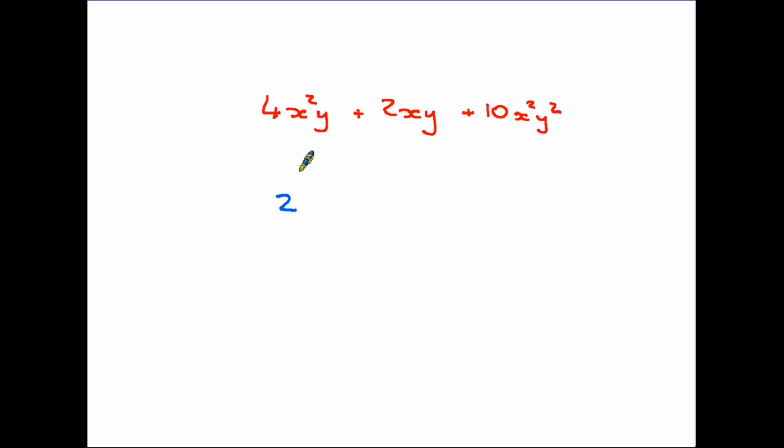We now look at the letters, and the first of the letters is an X. First of all, you have to establish, is there an X of some form or another in every term? Here the answer, yes, there's an X squared, there's an X, and there's an X squared. Which power of X can we take out?